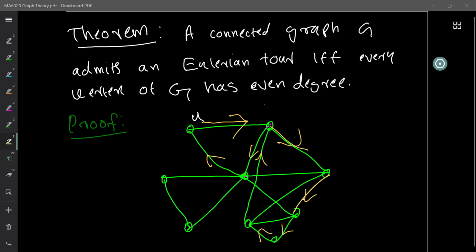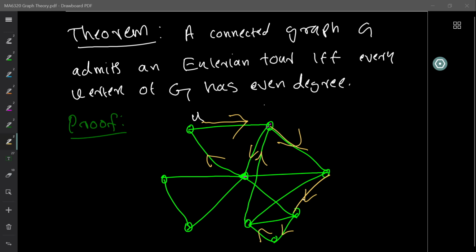So once you have each of these components in the remaining part, we can see that each of them will have even degree for its vertices, and using induction we can cover them, right?